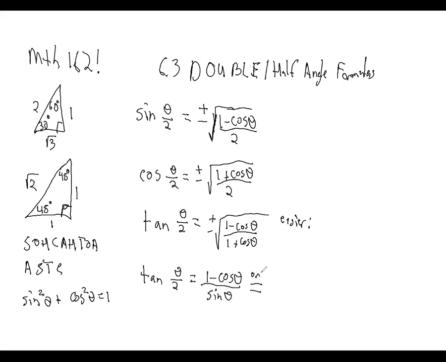Or you can use, that's an or, sine of theta over 1 plus cosine of theta. Now again, when we're talking about theta here, these are twice the original angle. So if you were trying to find the tangent of 15 degrees, you'd be using 30 degrees in these formulas, and same if it was a cosine or a sine.